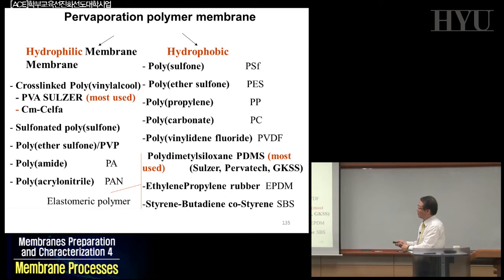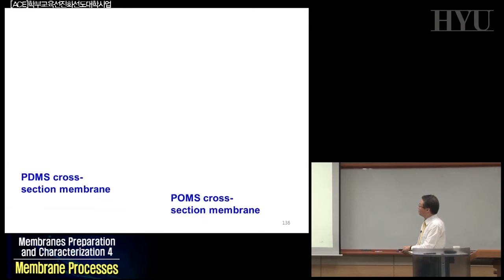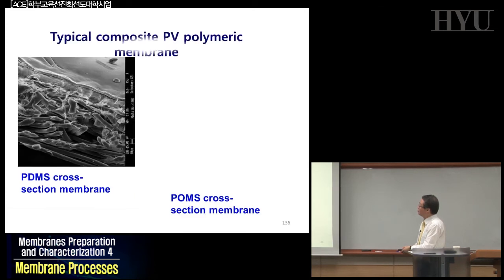Okay, so phenyl polymer, polyamides, polyacrylonitrile, and PVA are classified as hydrophilic membranes, whereas these were classified as hydrophobic membranes. Usually the typical composite pervaporation membrane is the one that has a PDMS coating.